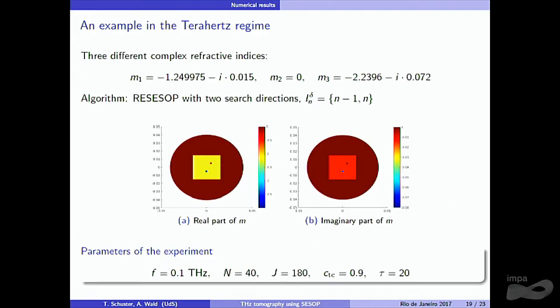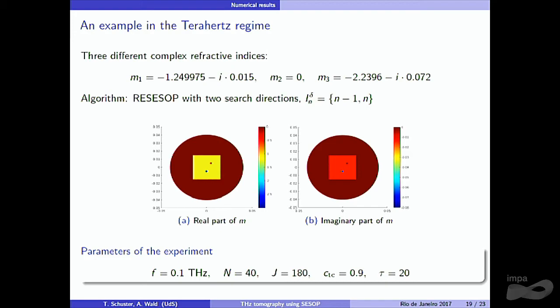Okay, some numerical results at the end. We have three different refractive indices here. We have a square specimen with two inclusions of different complex refractive index. We are at the lower bound of the terahertz regime, applying a frequency of the Gaussian beam of 0.1 terahertz.